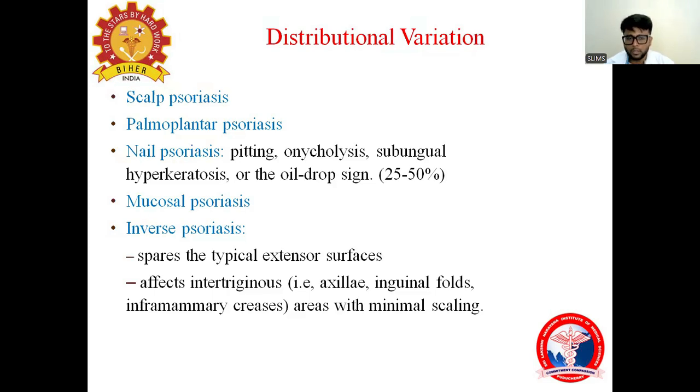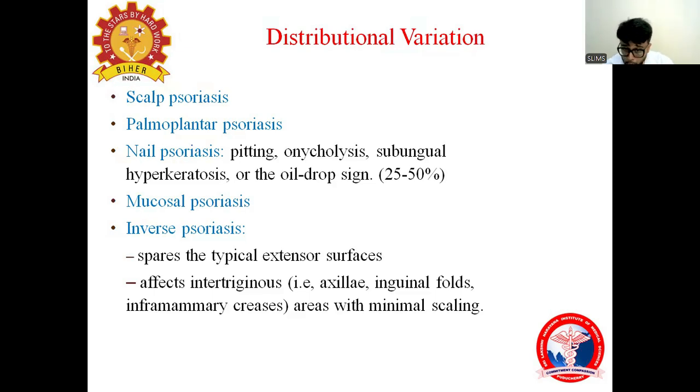In the nail, the structures are the nail bed, nail matrix, and nail folds. Nail plate pitting is the most common finding, and onycholysis, that is separation of the nail bed from the nail plate, and subungual hyperkeratosis, and the oil drop sign.